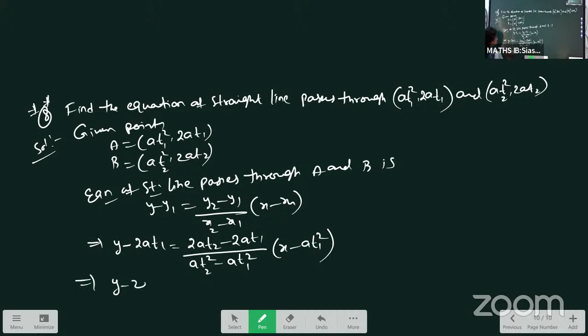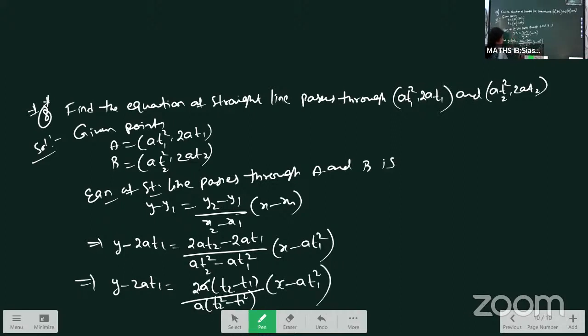So y minus 2a t1 is equal to, taking 2a common in the numerator, t2 minus t1, and a common in the denominator, t2 square minus t1 square, into x minus a t1 square as it is.